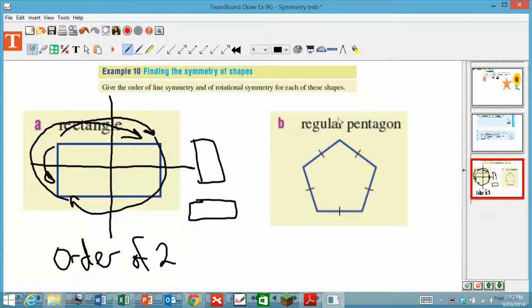For this shape, if we draw a line through that point and fold it over, I'm trying to show you with my hand, but obviously you can't see my hand. If you folded this half over on that half, it would match up exactly.